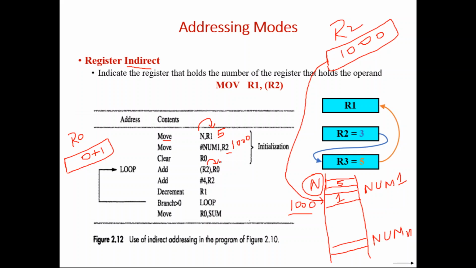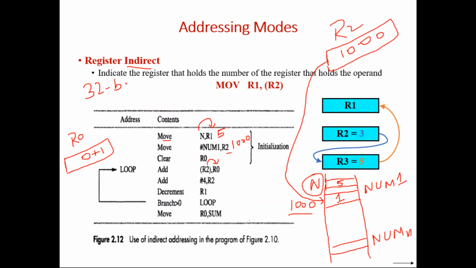Then we do add hash 4 comma R2. Why are we adding 4 to R2? Because we are assuming the word size of the computer is 32 bit, which means 4 bytes.